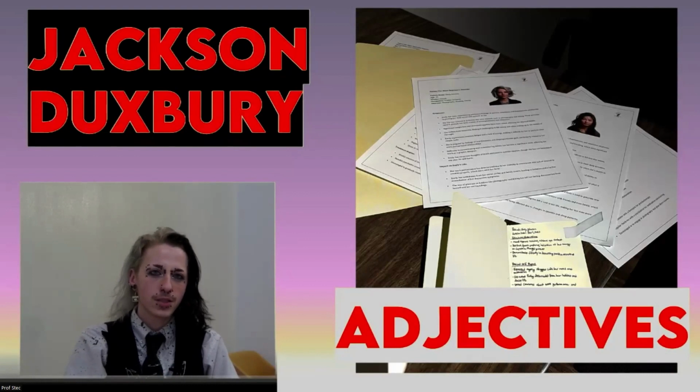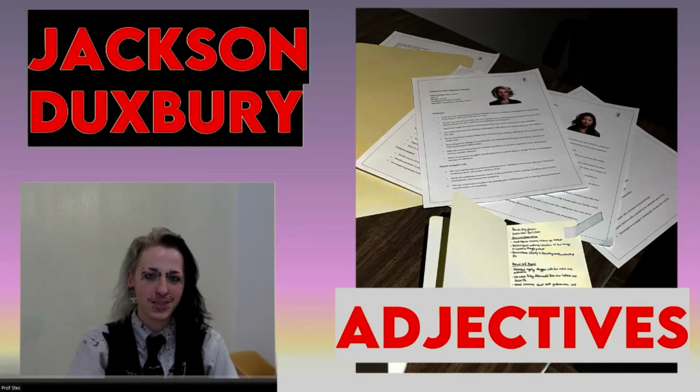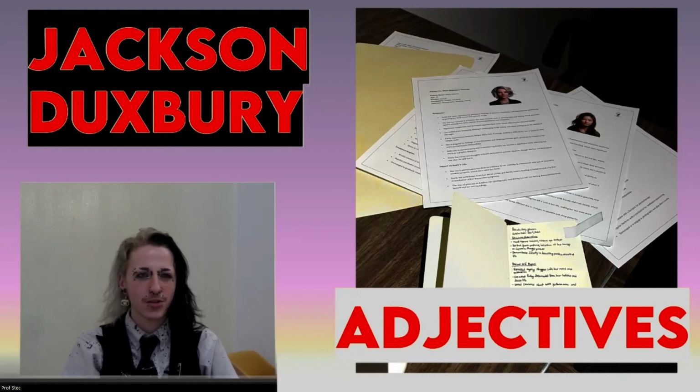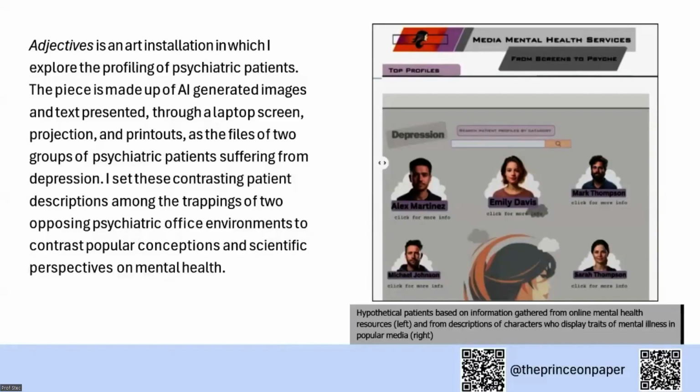So what I was doing, I collected a ton of info from both these resources in big PDFs and gave those to ChatGPT and basically asked for summaries, and over a process of steps, I got ChatGPT to make me these hypothetical patient files of patients based either on these more medical resources or based only on these media resources, using only the information that I gave it.